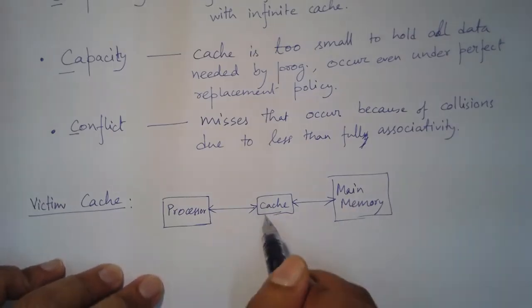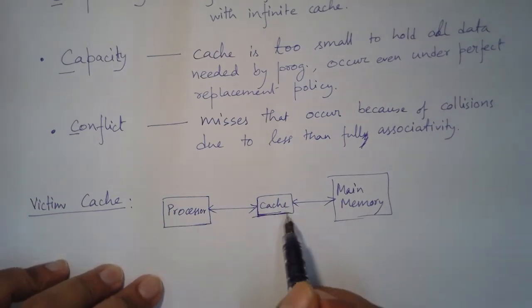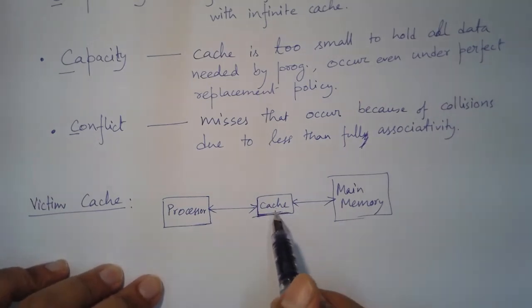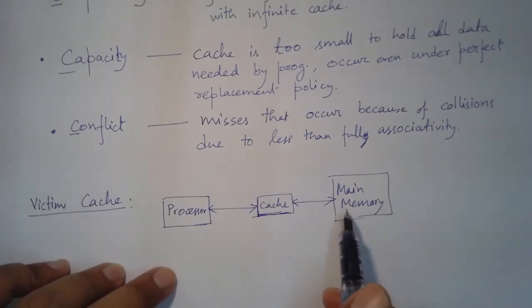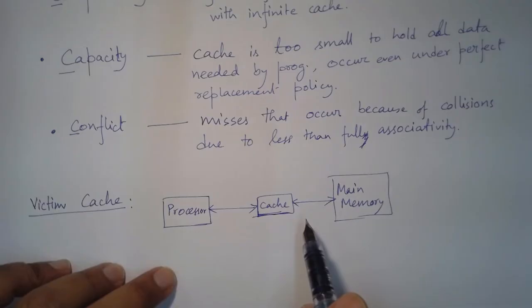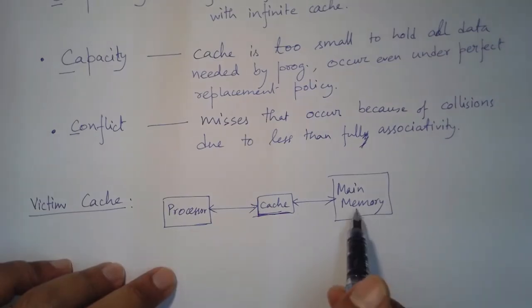Now, let us say there was a cache miss, and the cache now requests new data to be brought into the cache. Obviously you have to evict something to accommodate the new data.